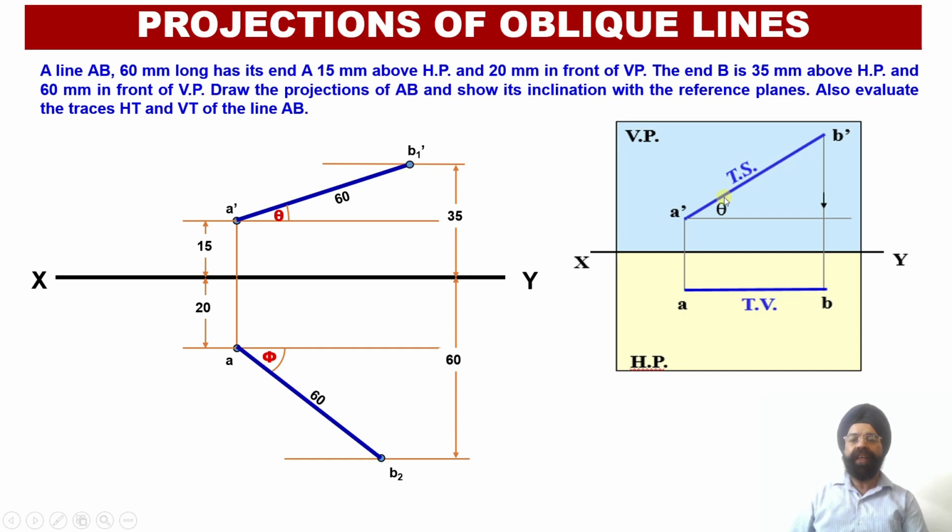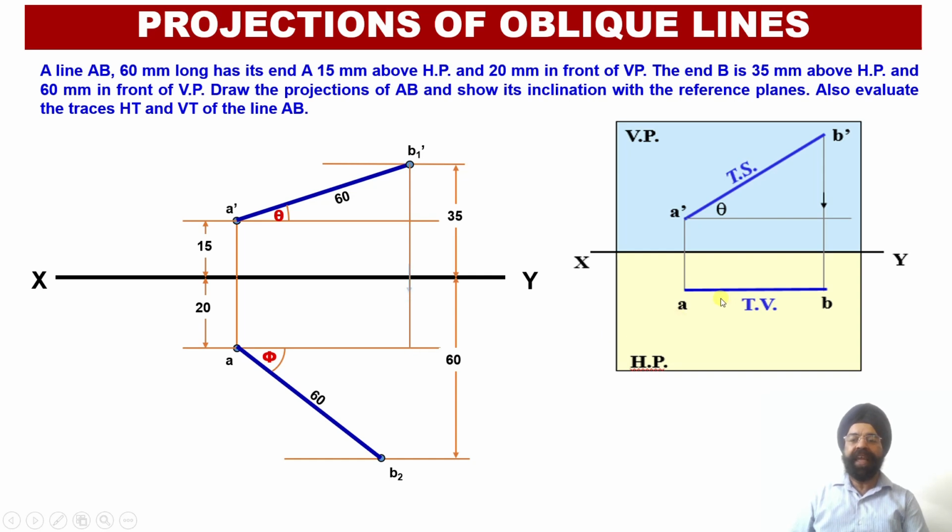Whenever I have got the true length of the line available with me at an angle theta in the front view, now for the projections, I take down the perpendicular projector from B1 dash onto the locus line of the point A. So I am going to drop a perpendicular starting from the point B1 dash till I reach this point, that is the horizontal locus line of the point A over here. So it means that I'll be able to obtain this apparent length of the line in the top view. So I can say this is the apparent length of the line in the top view.